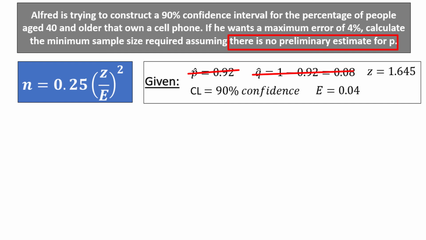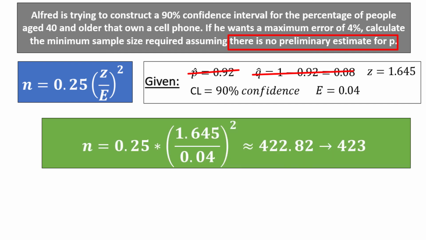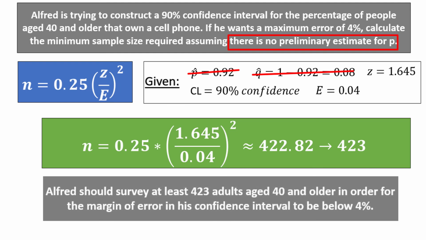We have 0.25 times (1.645 divided by 0.04) squared, which equals about 422.82, and rounding up gives us 423. Alfred should survey at least 423 adults aged 40 and older in order for the margin of error in his confidence interval to be below 4%.